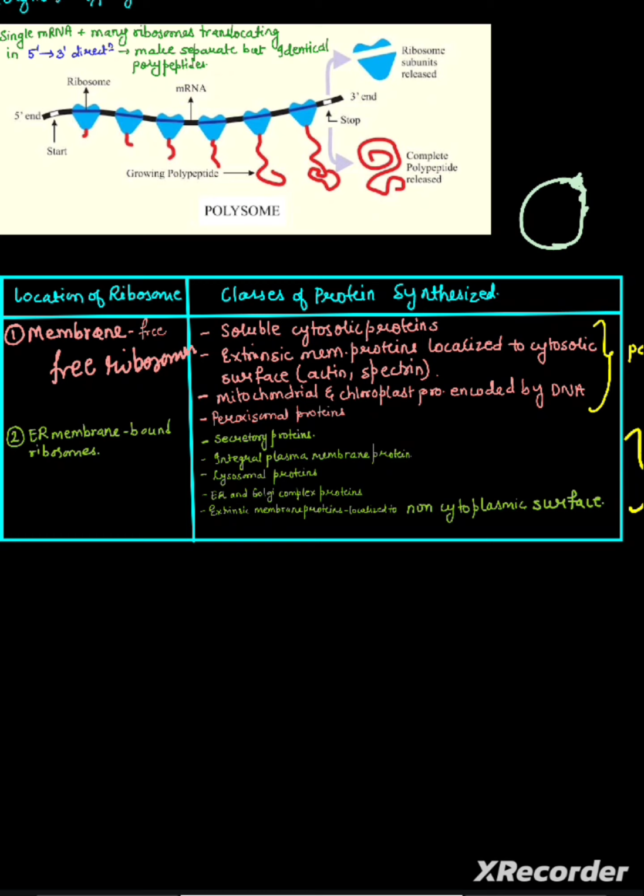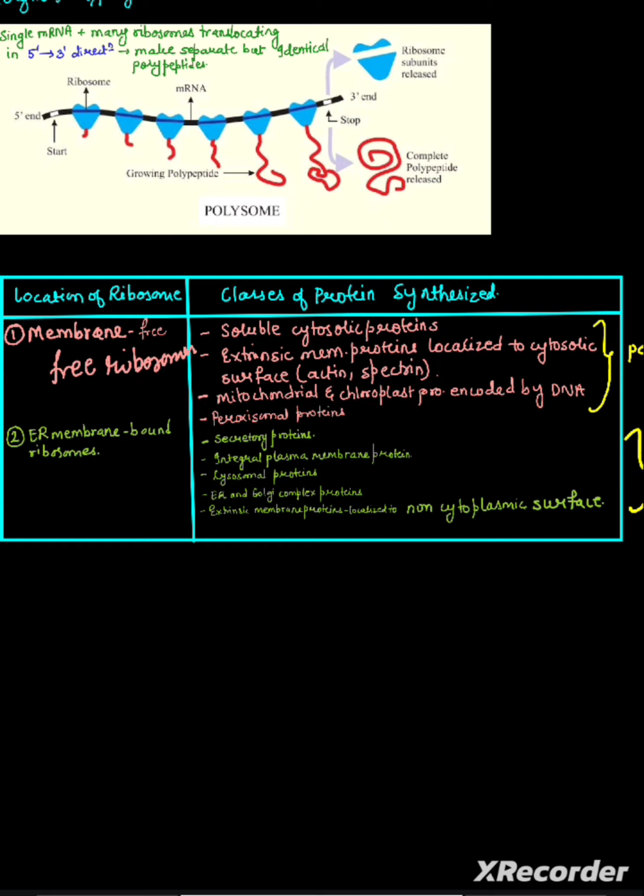Extrinsic membrane proteins like actin and spectrin will be formed by your free ribosomes. Mitochondrial and chloroplast proteins encoded by DNA will also be formed by these ribosomes. Peroxisomal proteins are also synthesized by these ribosomes.